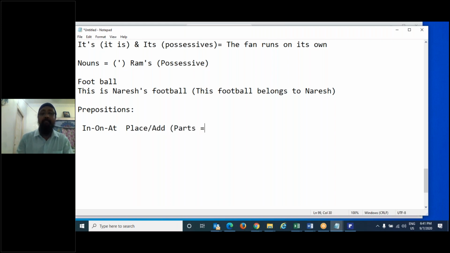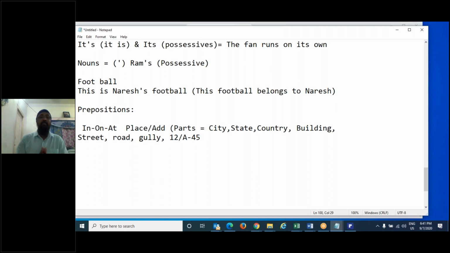When we talk about parts of an address, it includes city or state, our country, building, crossroads, or instead of crossroads, road, street, gully, and maybe house numbers like 12/A-42, 45, something like this.